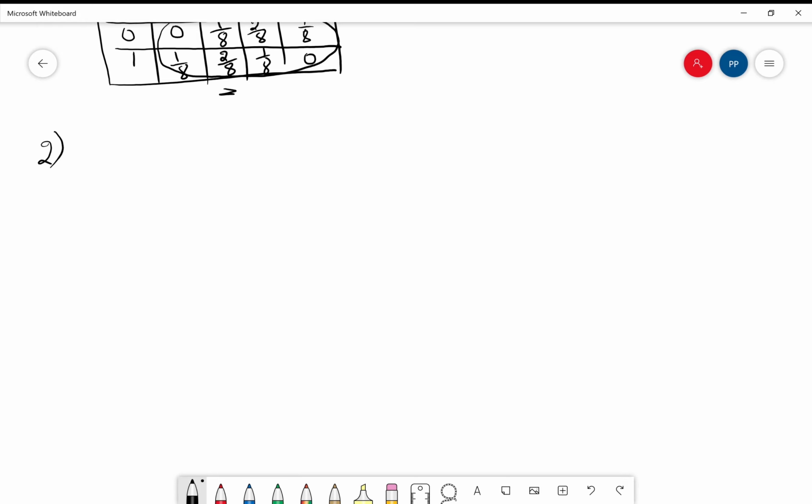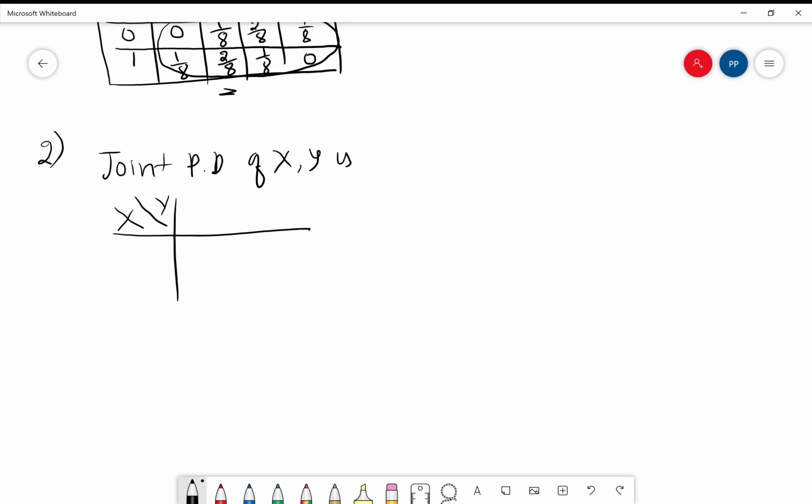In the next problem, we are given a joint probability distribution. The joint probability distribution of two variables x and y is given by this table. Values of x are 1 and 2.